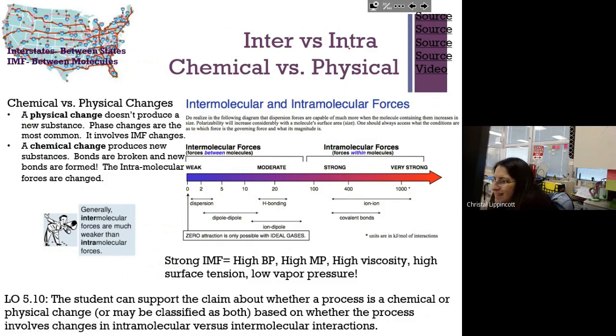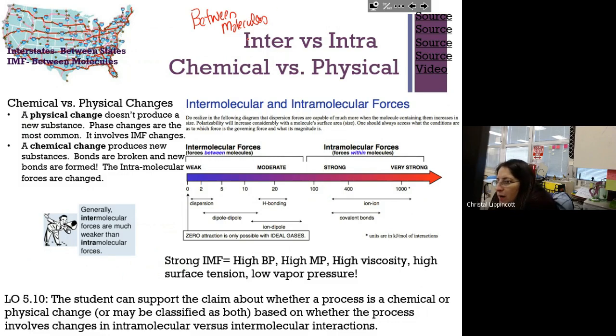Intermolecular versus intramolecular. Intermolecular means that it is occurring between molecules, like the interstate is between states.